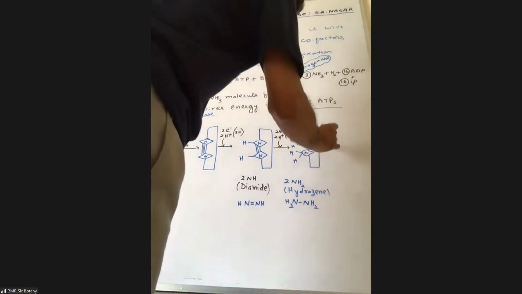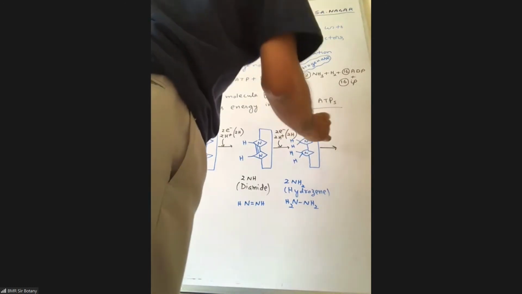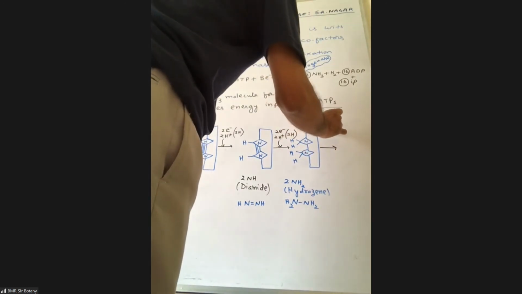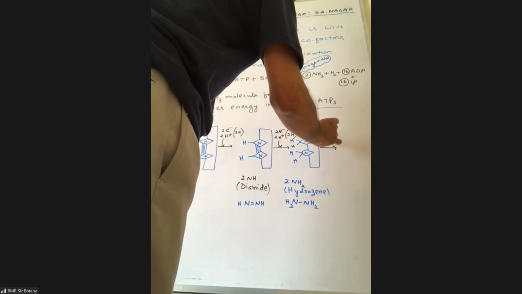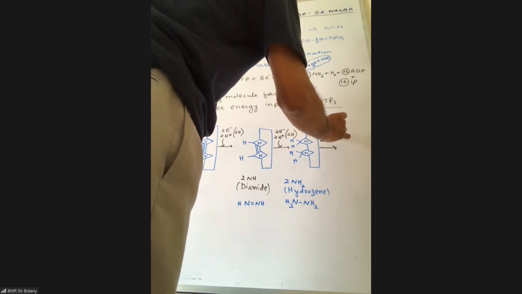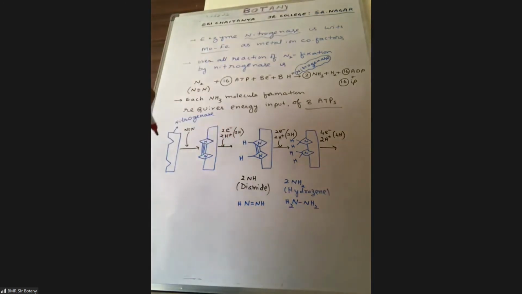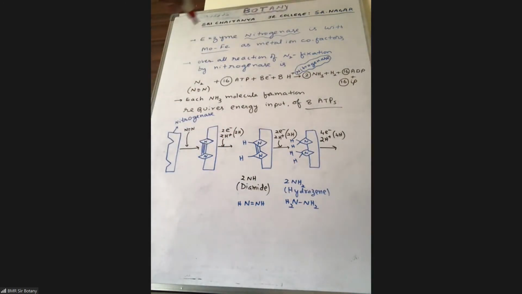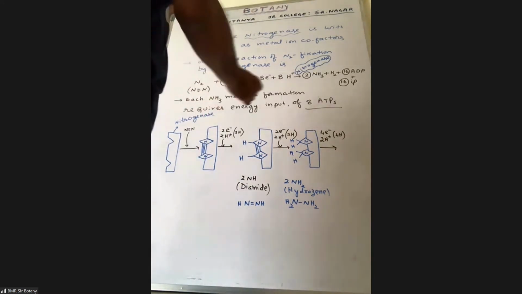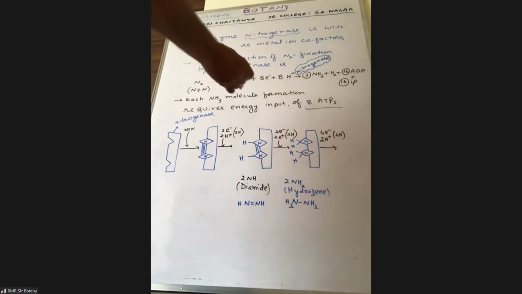In the final step, 4 electrons and 4 protons, literally 4 hydrogens added. Total 8. They were from NADPH.